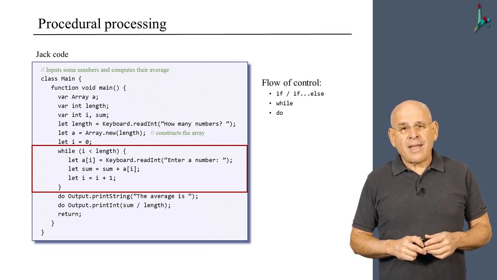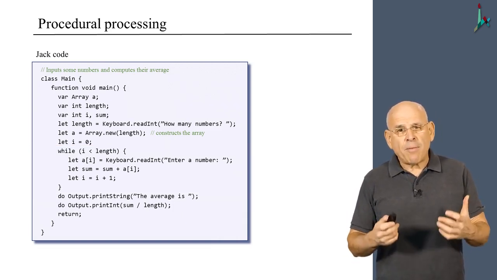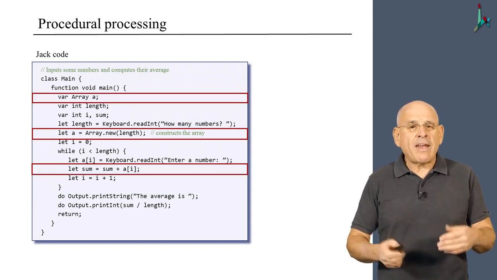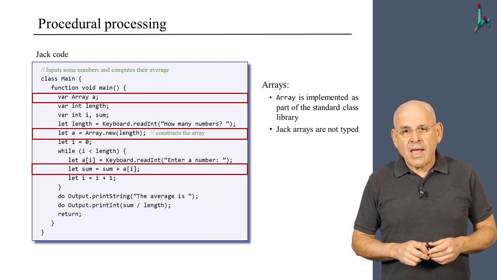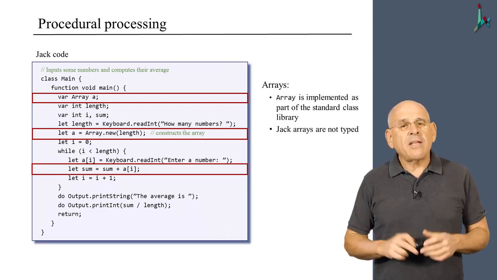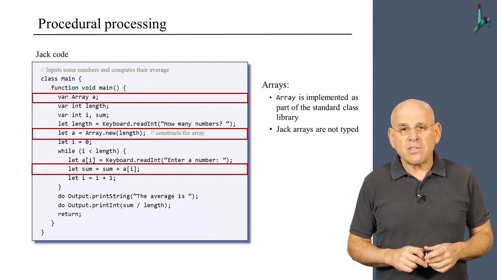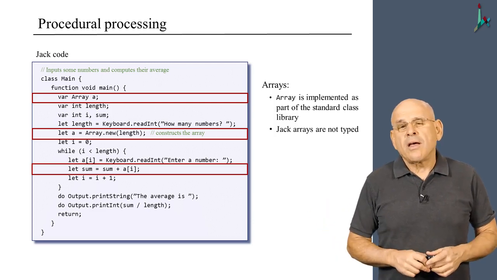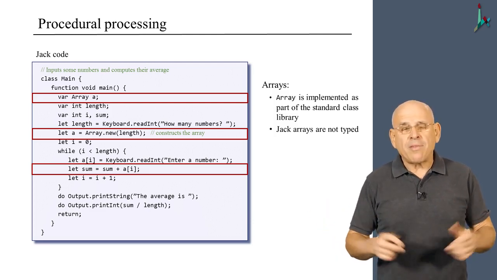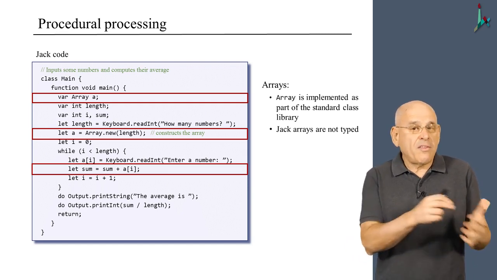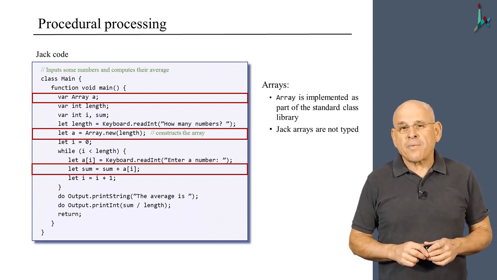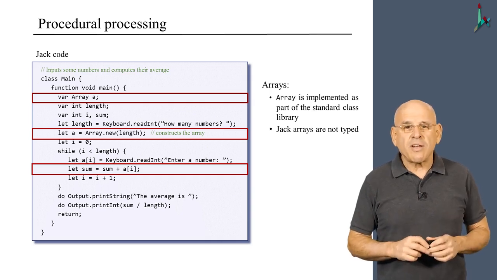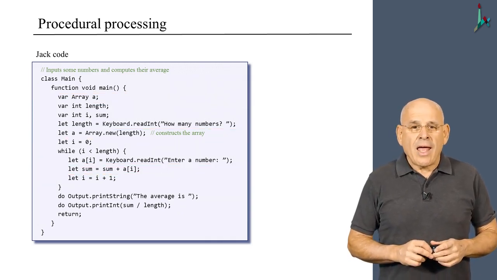And in Jack, arrays are implemented as instances of an array class, which is part of the host operating system. And interestingly, Jack arrays are not typed, so they can contain any value of any type that you can think of within the very same array, which is a little bit peculiar, but we will use it in all sorts of interesting ways down the road.